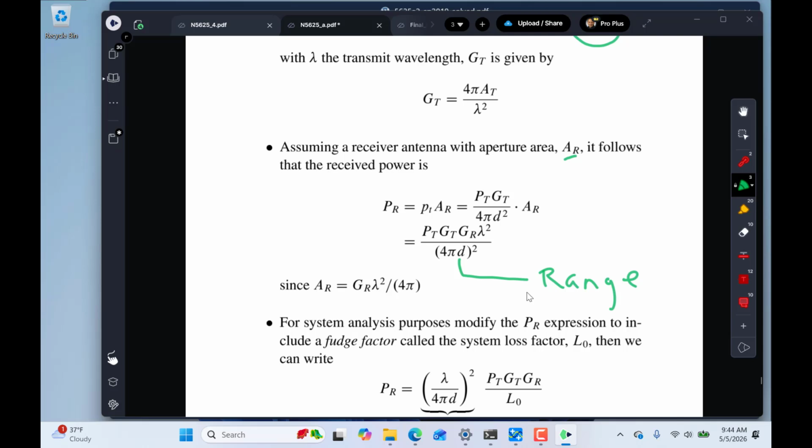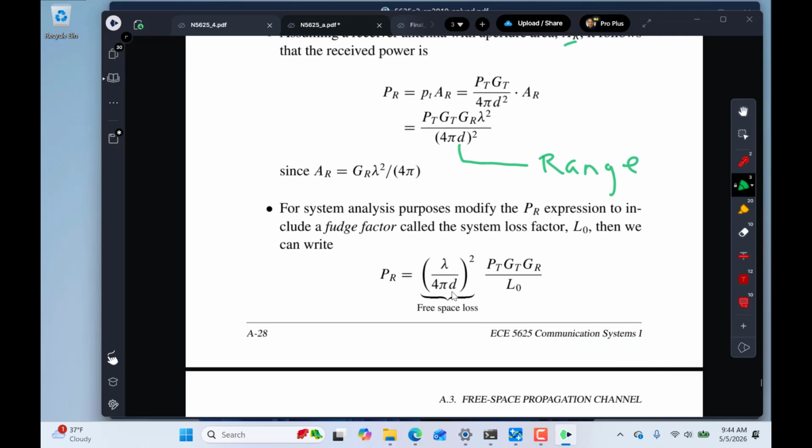Is it somebody close by, or is it a satellite up at geostationary orbit, that radius away? So we can make substitutions and do some extra massaging of the math for P received, and you can factor out lambda squared over 4 pi d.